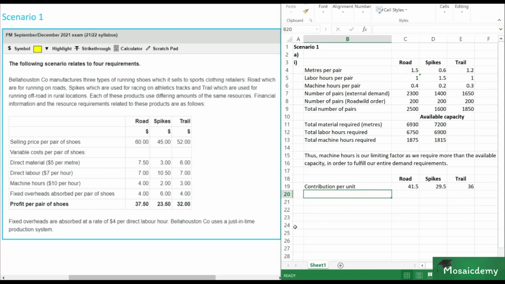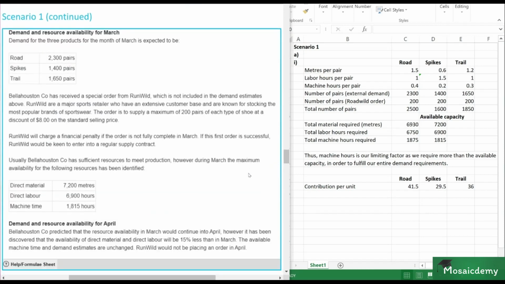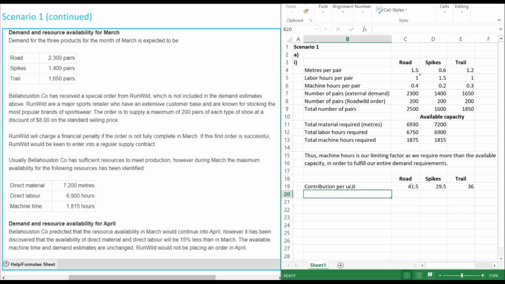Now remember, for the Run Wild order, the selling price is at a discount of 8. So if the selling price goes down by 8, the contribution will go down by 8 as well. So we'll make another contribution per unit.